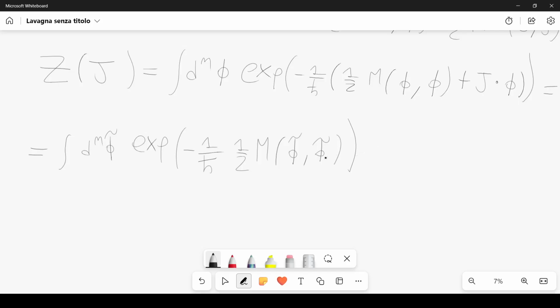And outside of the integral we have the exponential of 1 over 2h bar M inverse JJ.